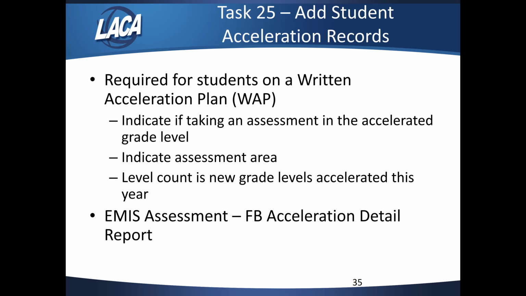The question is, that report won't tell me who I reported last year, will it? No, but you could potentially run it for last year, because you can change the year, I think, and run it for last year to get last year's acceleration.